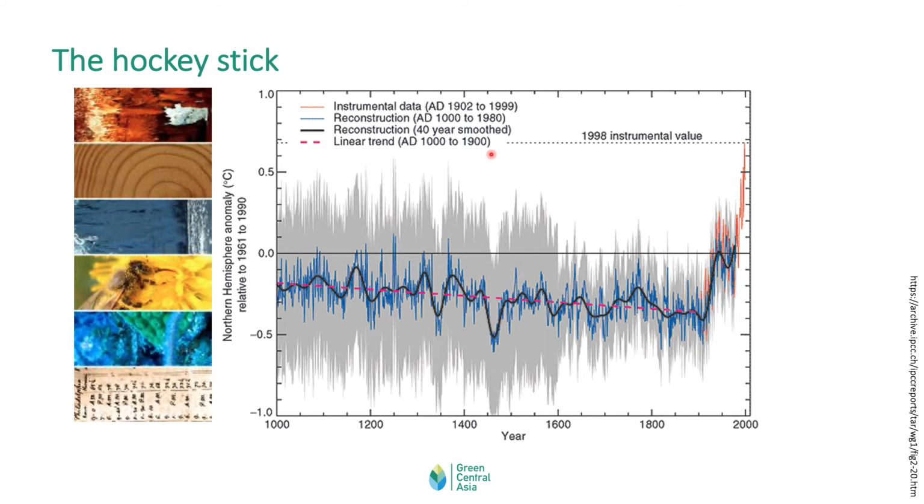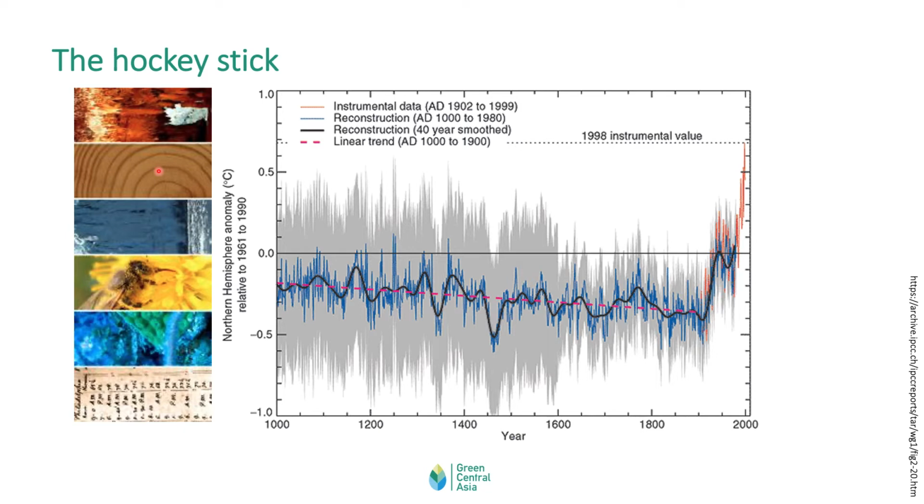For example, if you look at tree rings, a tree needs energy and moisture to grow, to produce a ring per year. Energy means temperature, and moisture means, for example, precipitation. So these two factors control the growth of the tree ring.